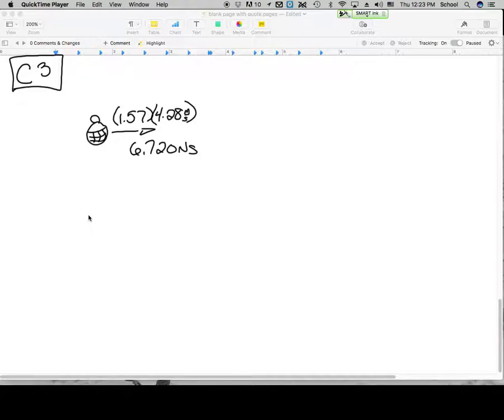So our first chunk, after it exploded, chunk 1 went 27 degrees to the right. So compared to the original motion, it went 27 degrees this way. And it said that chunk 1 was 0.578, and it was traveling at 55.7.